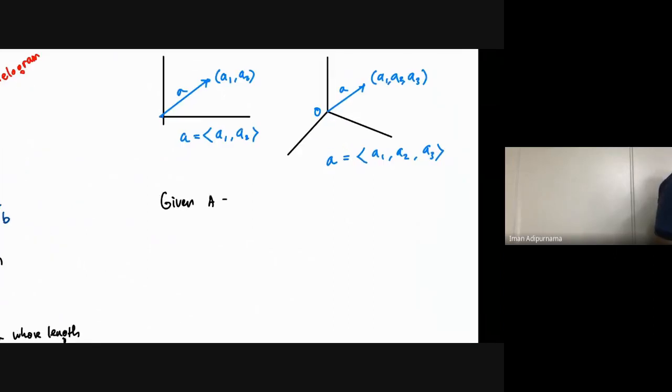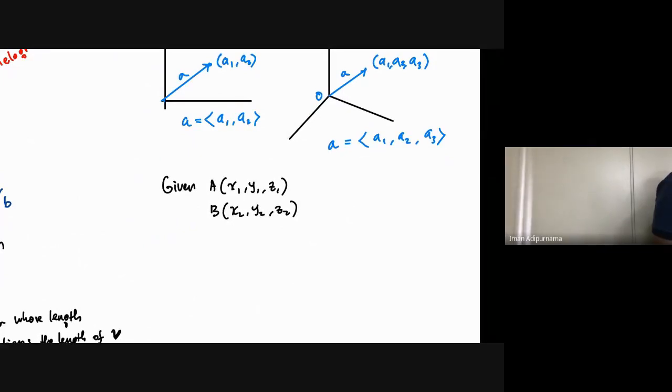So given A is and B is, so vector A is representing AB.